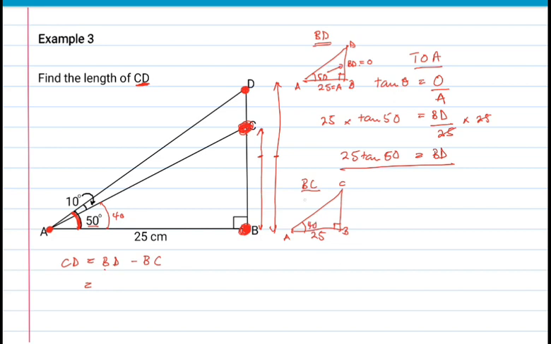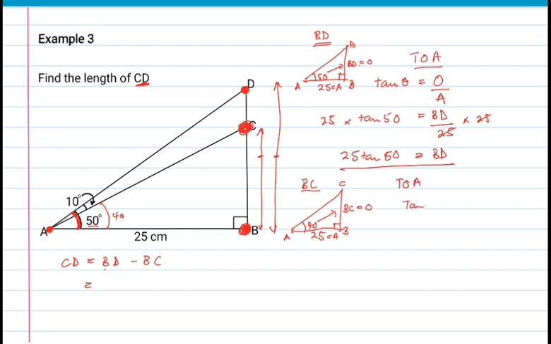So under this, we want to calculate BC. We write our BC here. Then formulating 40, the angle is opposite to BC, so this is opposite and this is adjacent. We make use of TOA.